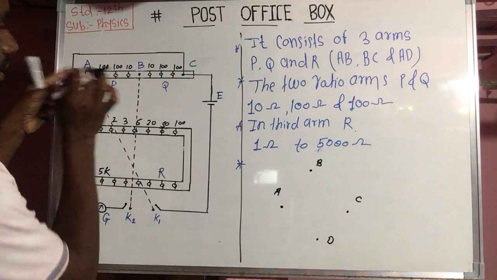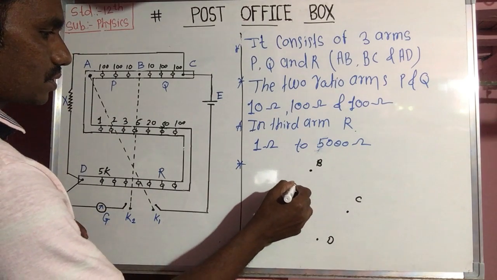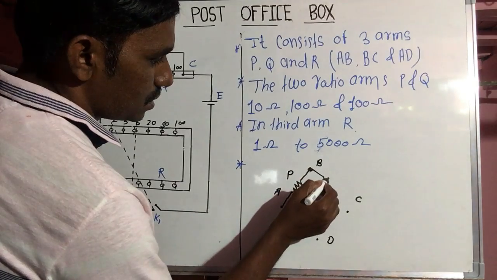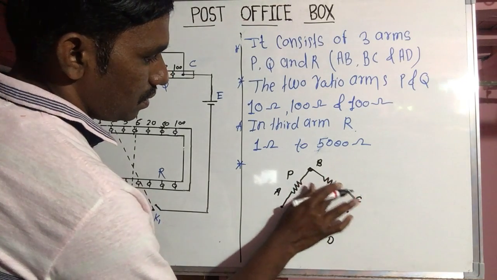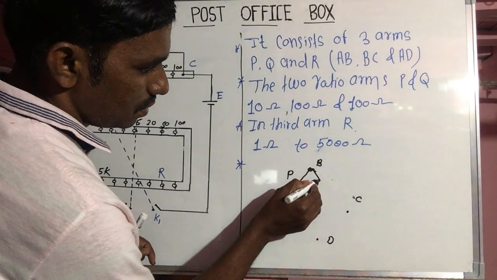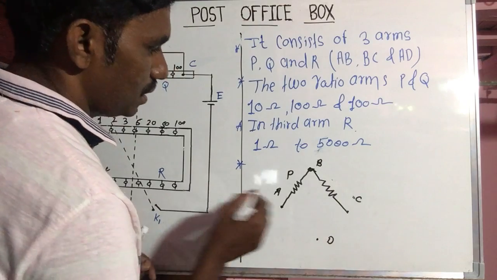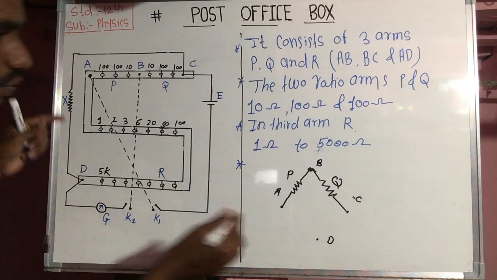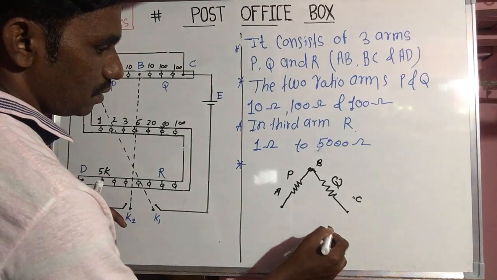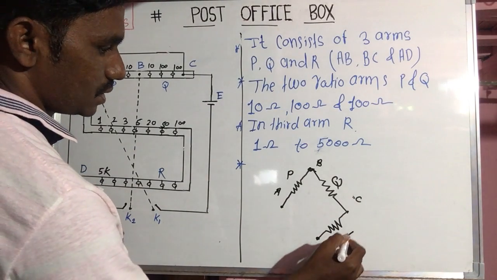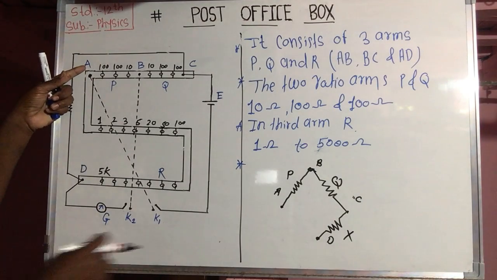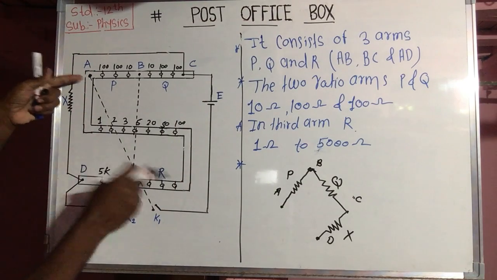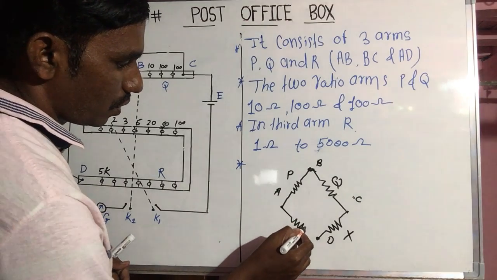In gap AB we have resistance P. So this one is P. In gap BC the resistance is Q. In gap CD, it is the unknown resistance that we want to calculate, which is X. And in gap AD, this arm contains resistance R. So it completes a quadrilateral ABCD.